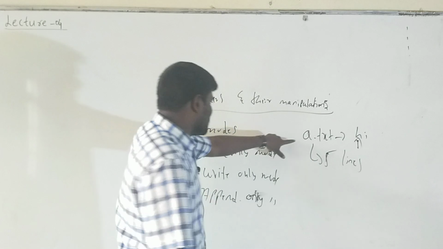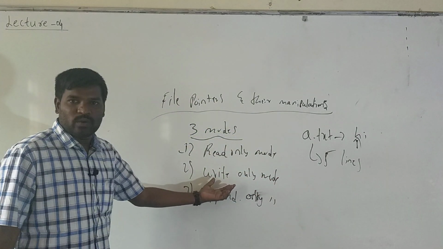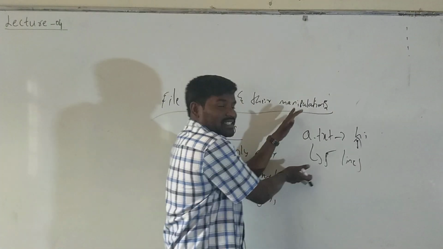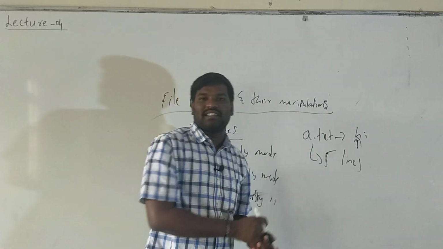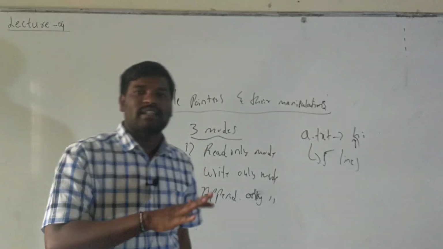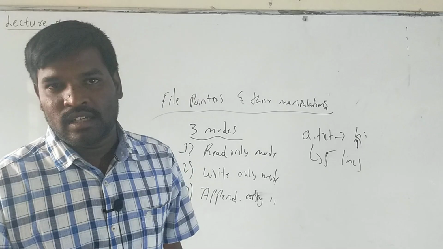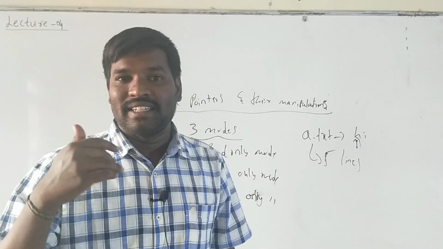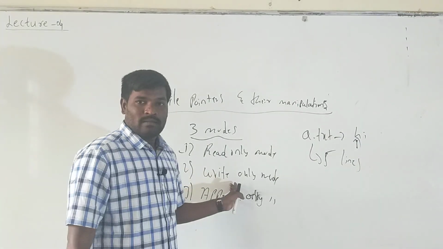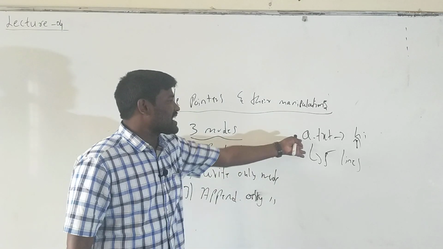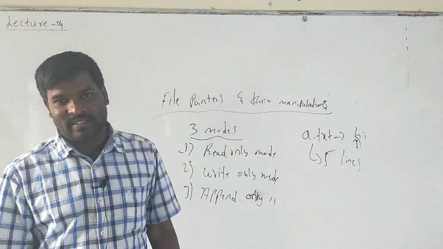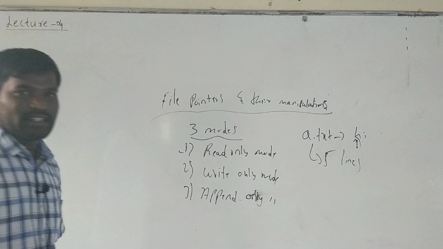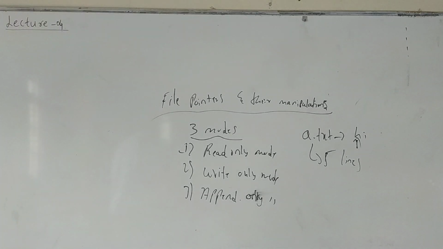Suppose I open the a.txt in write only mode, whatever text is present inside the a.txt will automatically be erased or deleted, and the new text is added into the a.txt.